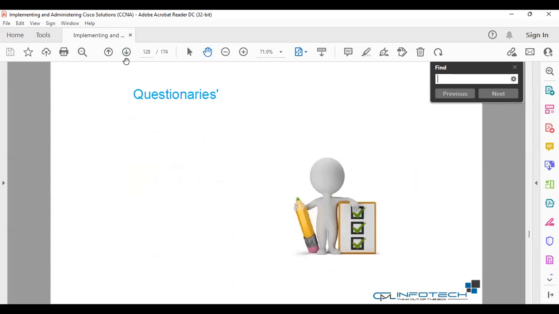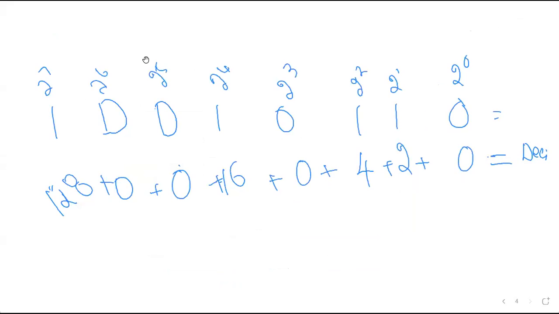Now, why do we want to learn this binary conversion? Because we are going to learn the IPv4 conversion. What's IPv4? How can we write the IPv4? In order to write IP version 4, we need to know how an IPv4 can be accommodated.